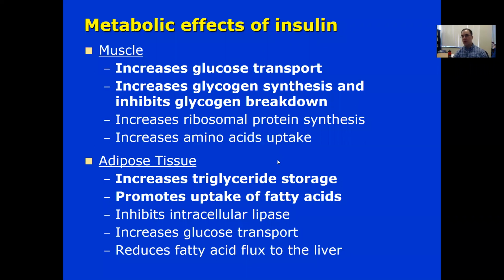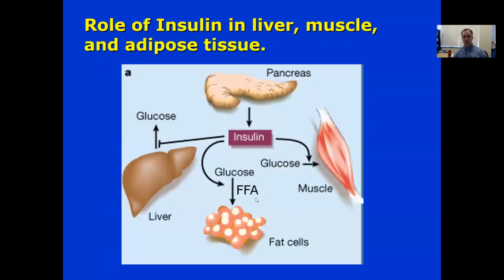So these are the important metabolic effects of insulin that you should be aware of. Here we have an illustration of insulin's effect. When insulin is released by the pancreas, it prevents the liver from secreting glucose into the blood. That's what this little line means.